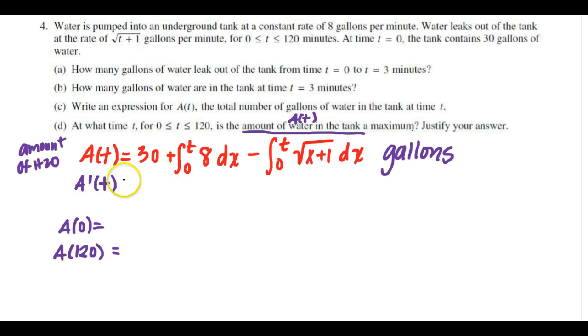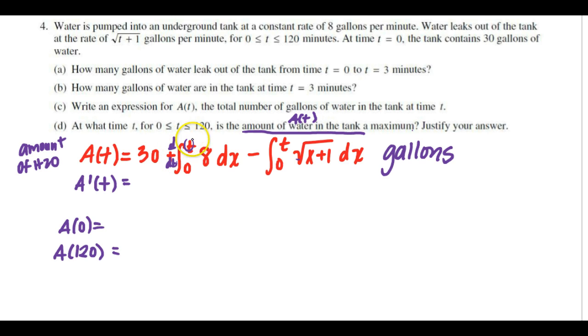And to find a prime of t, we're using the FTC part 2, because each of these portions here are accumulation functions. So the derivative of 30, well, that's 0. If I take the derivative of this function here with respect to t, because I'm finding a prime of t, imagine slipping in a little d/dt right here.